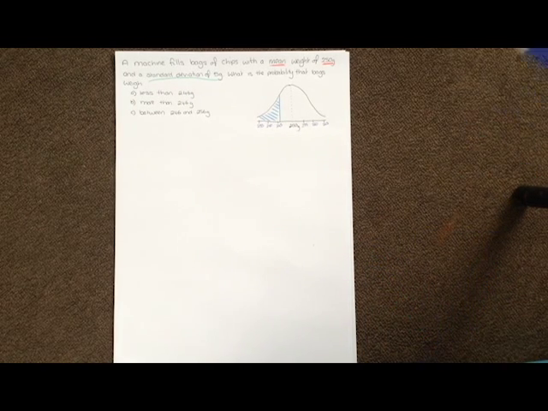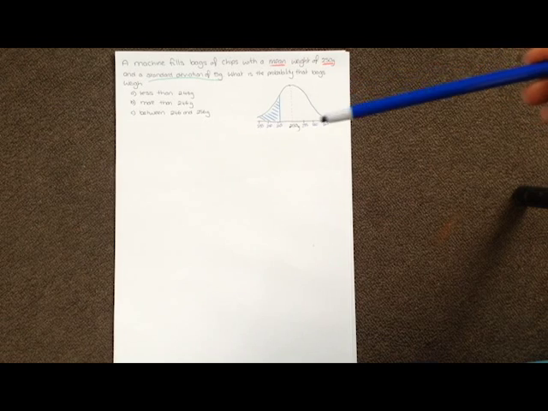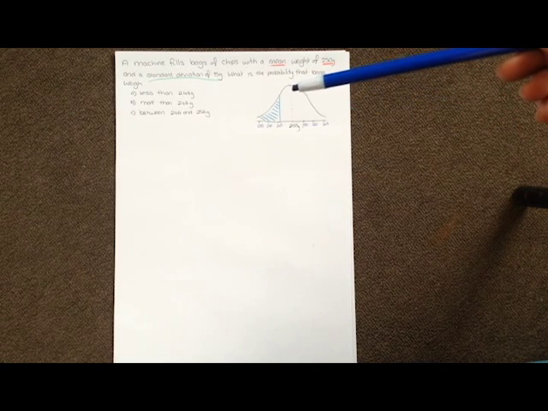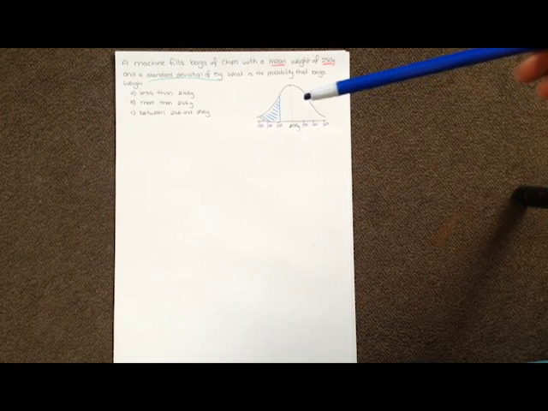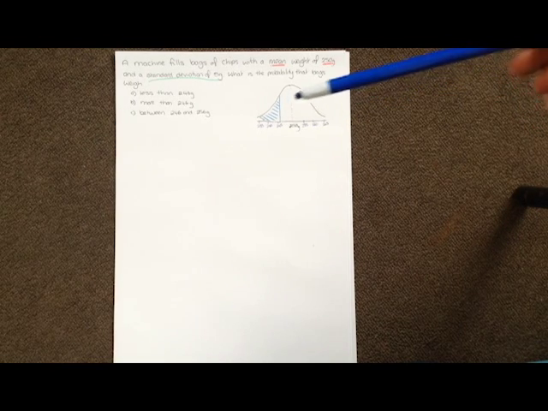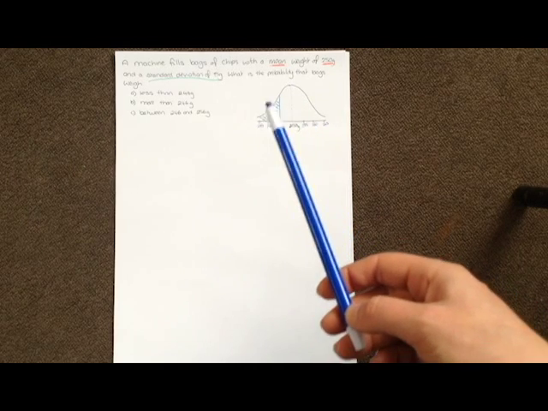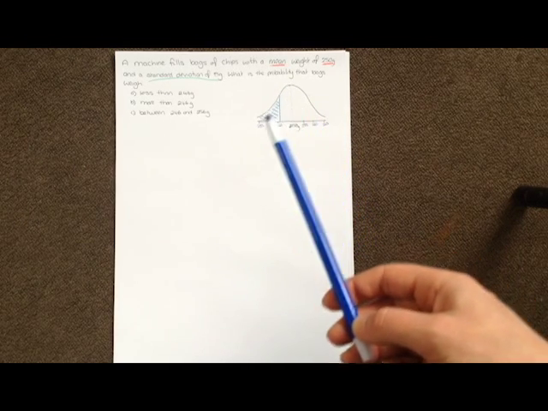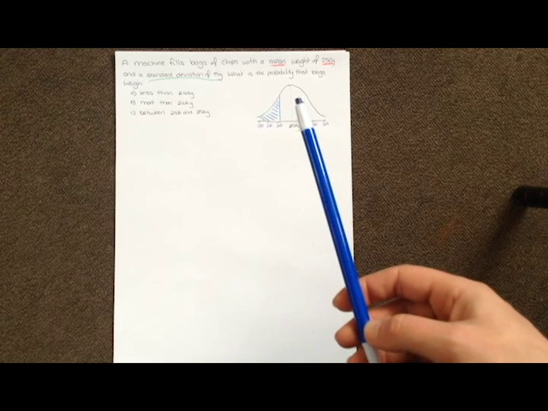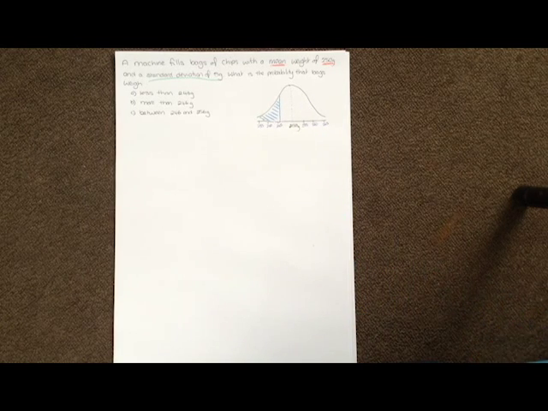The cool thing about the normal curve is that the mean, median, and mode are all 250, which tells us that this half here and this half here are totally symmetrical, which means that if my whole area is 100%, then each half is worth 50%.